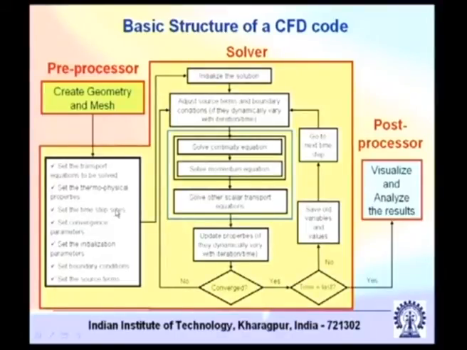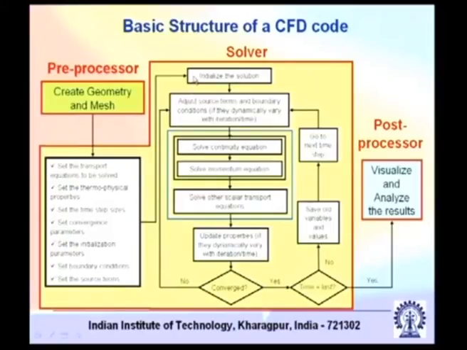Even if it is a steady state problem and you are using an unsteady mode, you can use a large single time step to convert an unsteady mode implementation into an equivalent steady state implementation. Set the convergence criteria or the convergence parameters, set the initialization parameters, set the boundary conditions and set the source terms. These are certain presetting things that you could do.